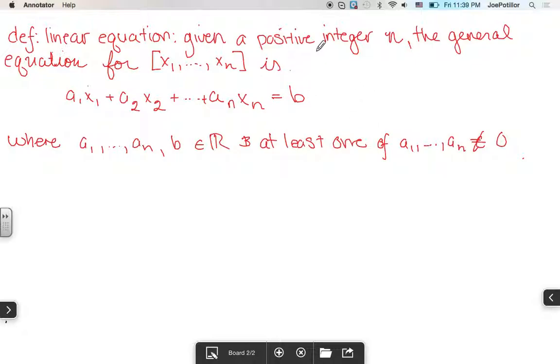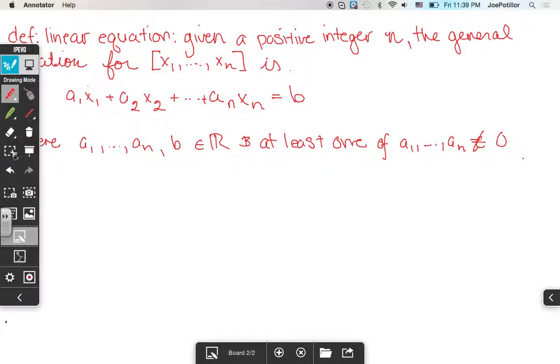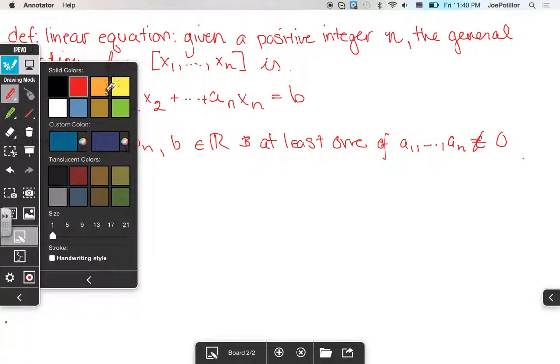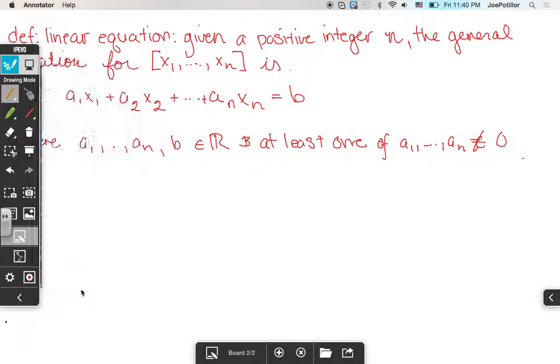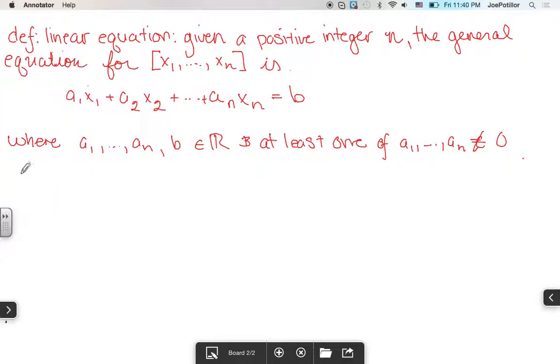Okay. In other words, what I'm saying is, with the linear equation, I have to have a few things. I'll write the characteristics down in a way that you'll understand, in a way that you'll remember. Alright, the characteristics. 1.